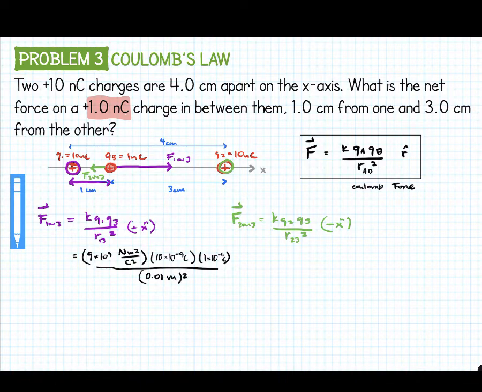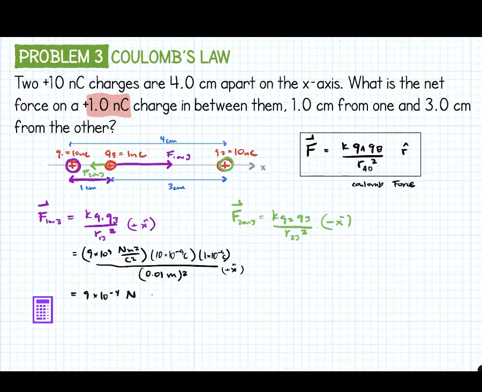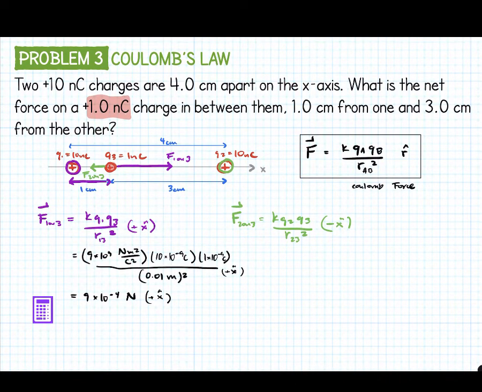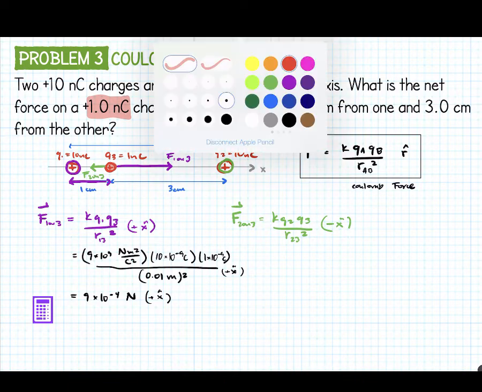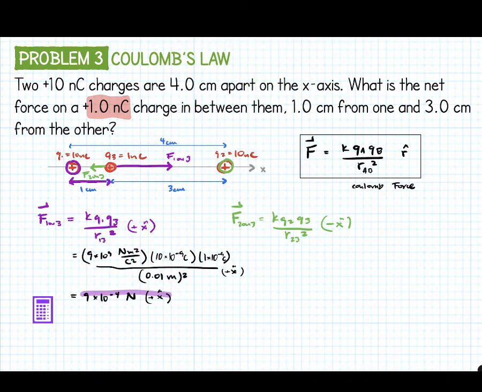So when you plug all that in, you end up with 9 times 10 to the negative 4 newtons. Remember, this is plus x hat. Okay, so that's our answer for that one.